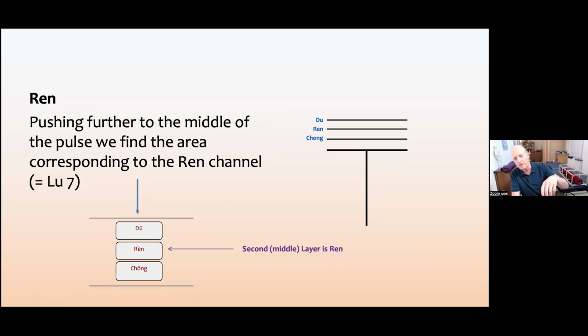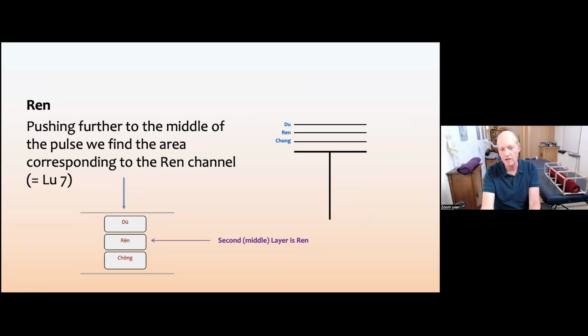Now, the way you can do this is, when you're feeling the extraordinary vessel, one of these midline vessels, you'll have a sense of it being very full and with an upward beat. Then you could ask yourself, where is it out of three? One way is to put your fingers down into the middle layer, the Ren position, and ask, is it there in the middle?